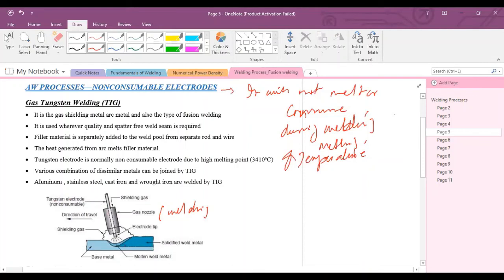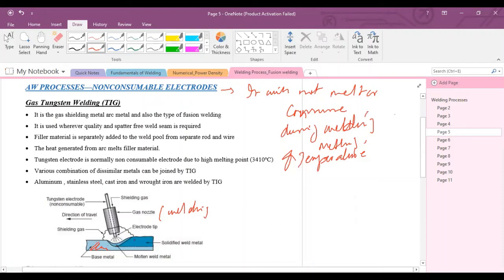When this tungsten electrode comes in contact with the workpiece, the electric arc generates. That electric arc produces heat, and that heat is used to melt the base metal. This is the molten pool.